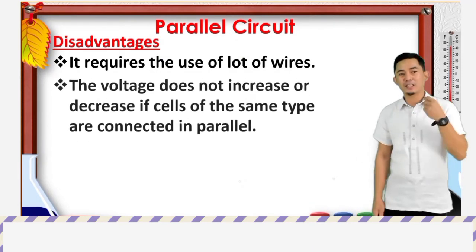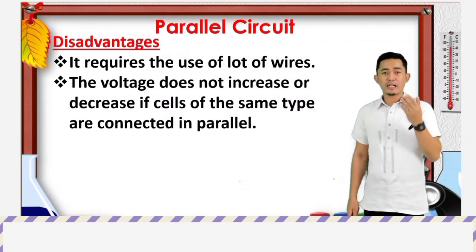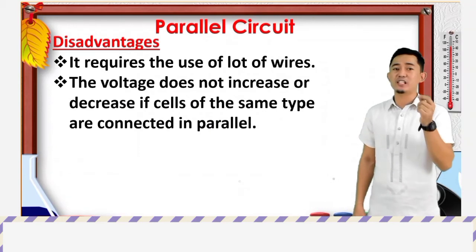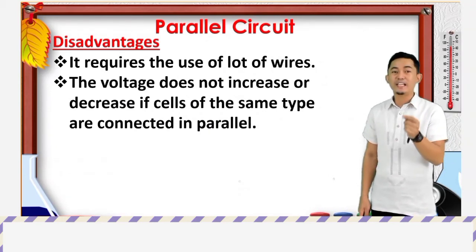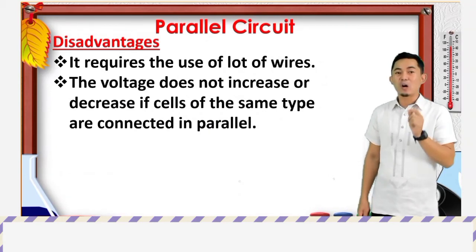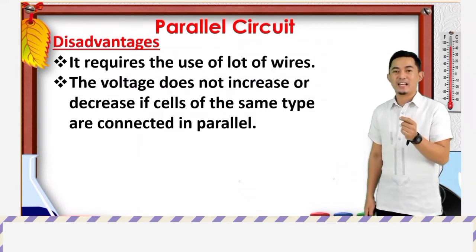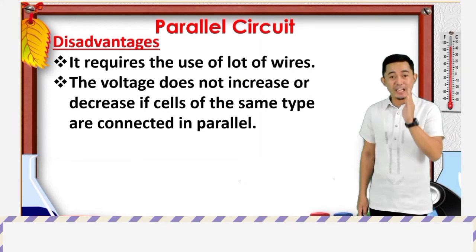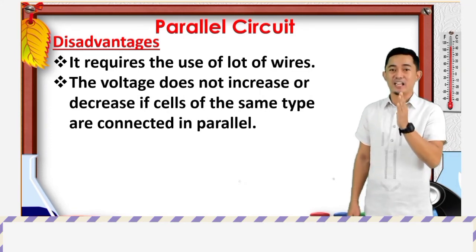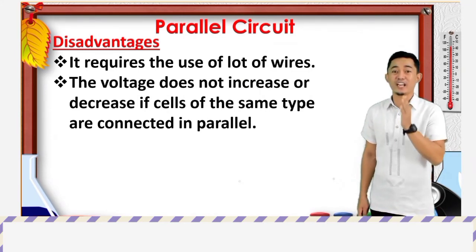Another disadvantage is that the voltage does not increase or decrease if cells of the same type are connected in parallel. Voltage, class, does not increase or decrease.